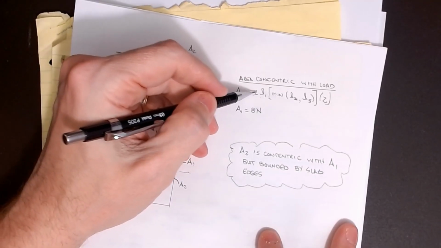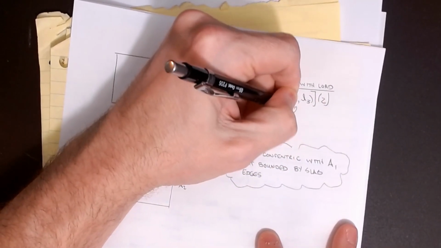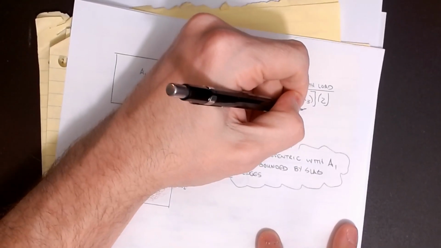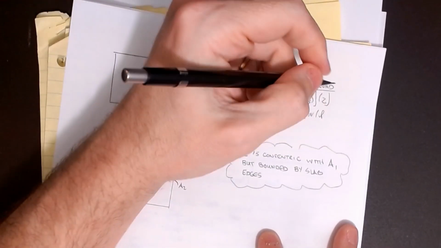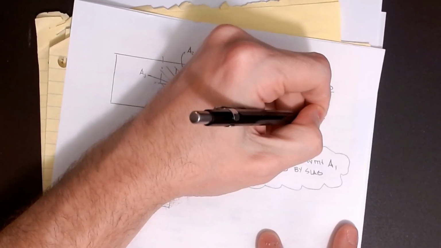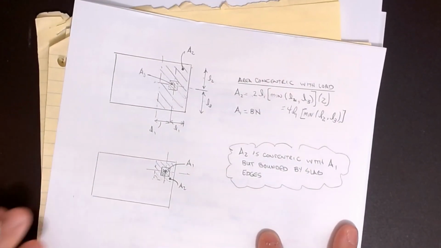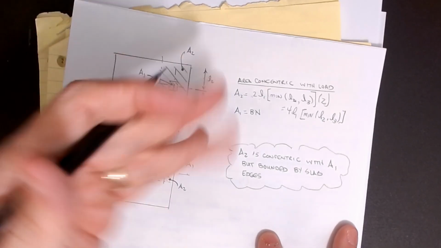So it's basically 4L1. If I write this out, it's 4 times L1 times the minimum of L2 and L3, the dimensions on this. And that's how you can calculate the A2 dimension for an area that is concentric.